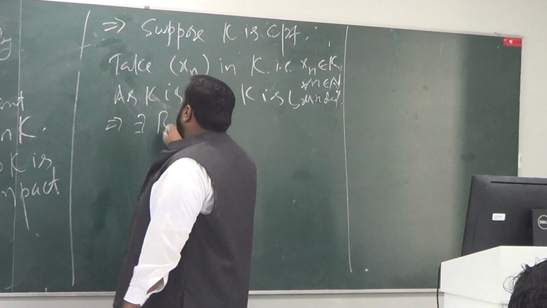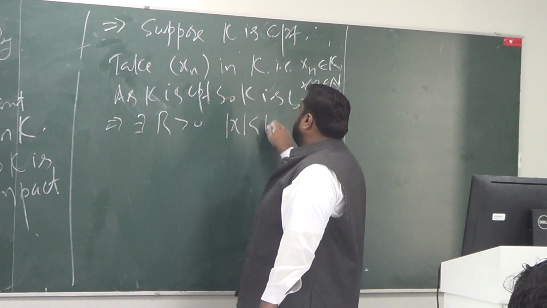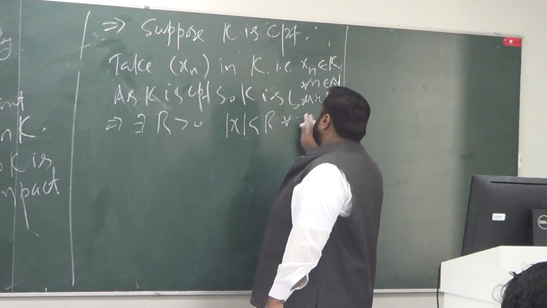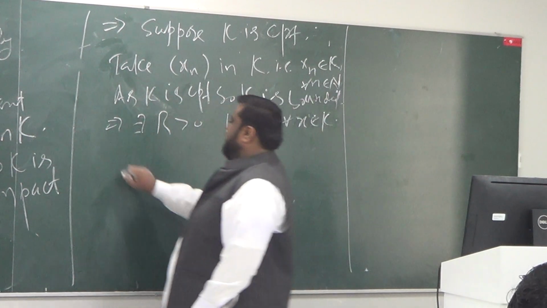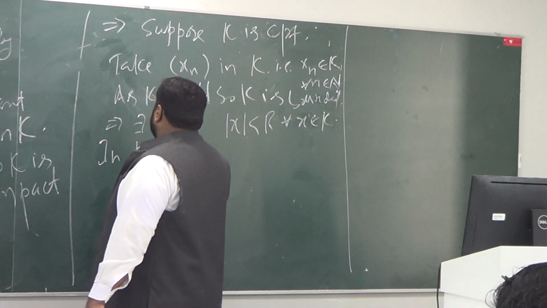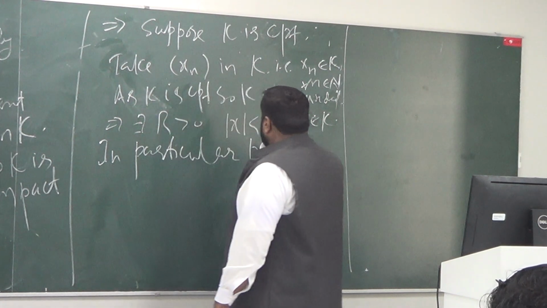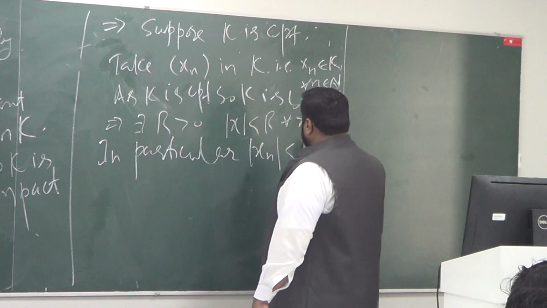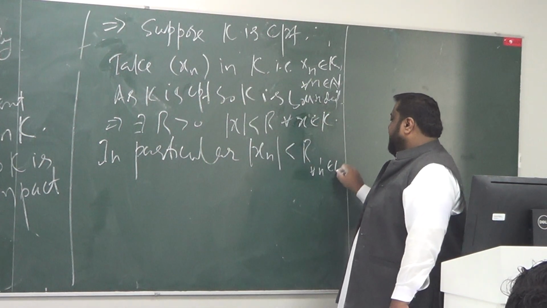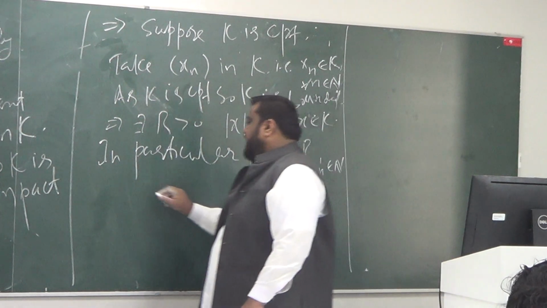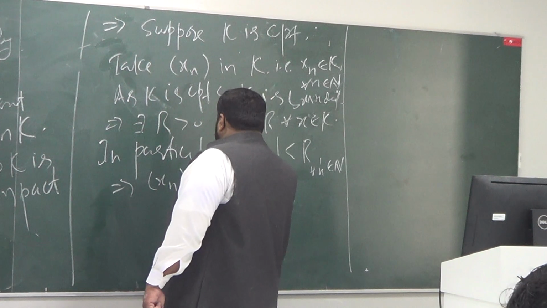There exists some positive r such that |x| is less than r for all x in K. In particular, |x_n| is less than r for all n in N. This implies x_n is bounded.